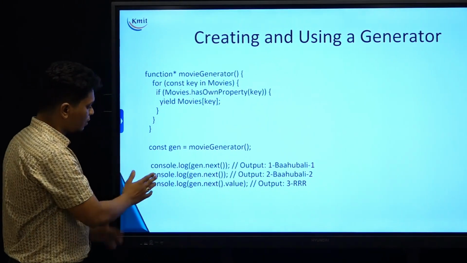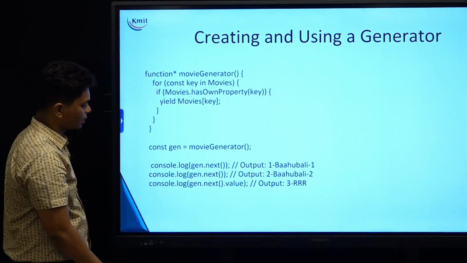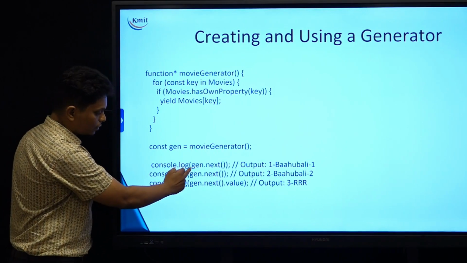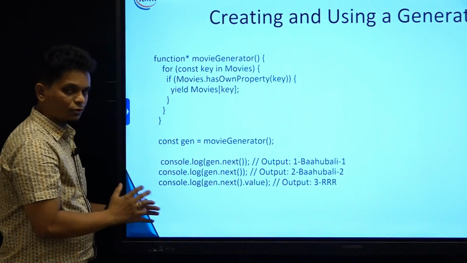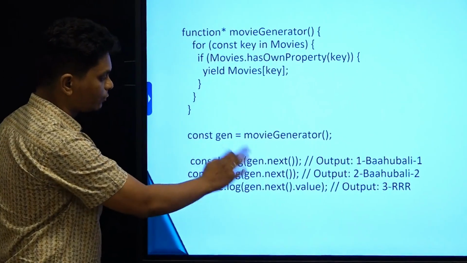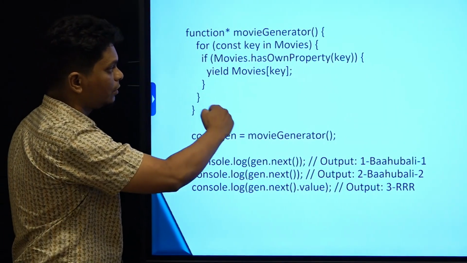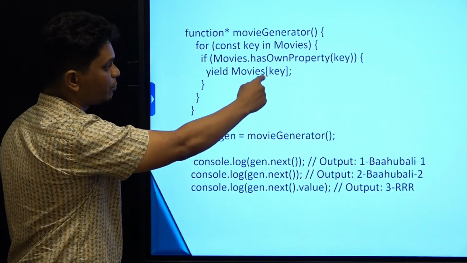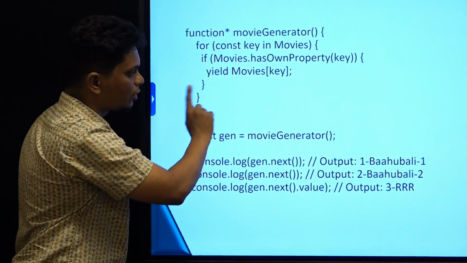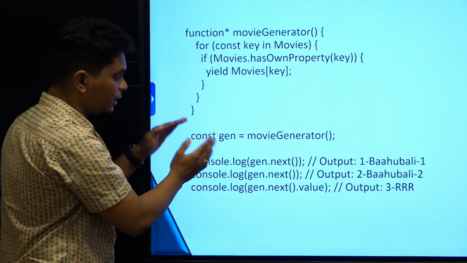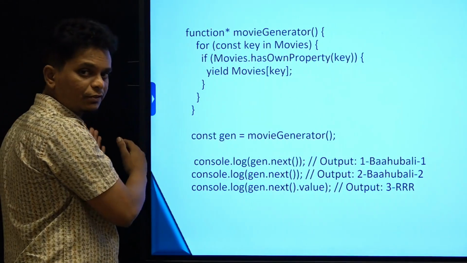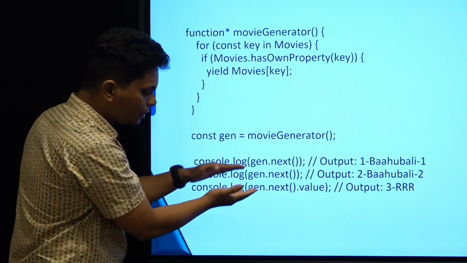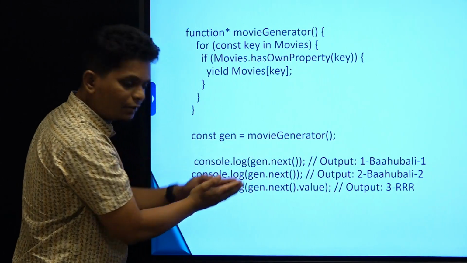If you observe carefully, when the first console.log is called, the generator is triggered for the first time, and it will check for the property key and it will yield. Then it comes out, so we have exited. Then we call it for the second time.